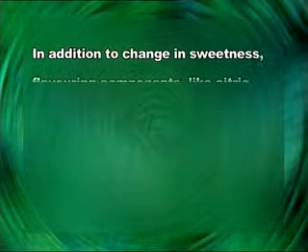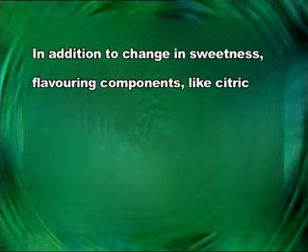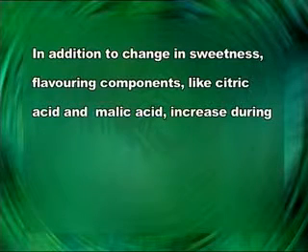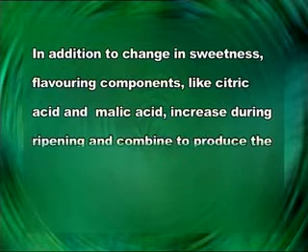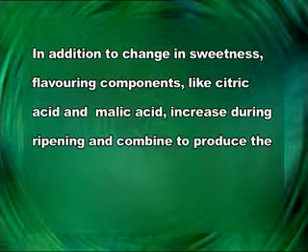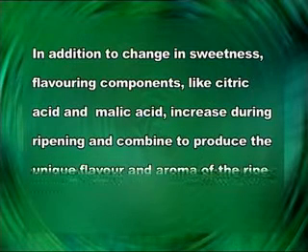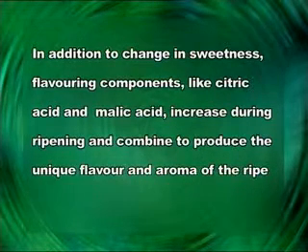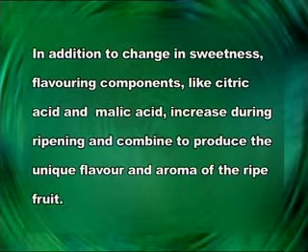In addition to change in sweetness, flavoring components like citric acid and malic acid increase during ripening and combine to produce the unique flavor and aroma of the ripe fruit.